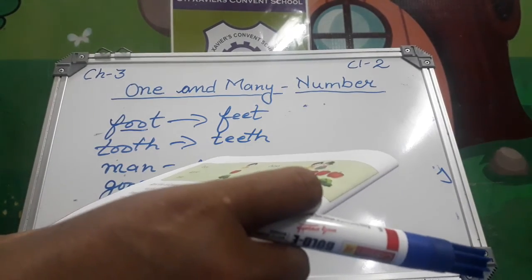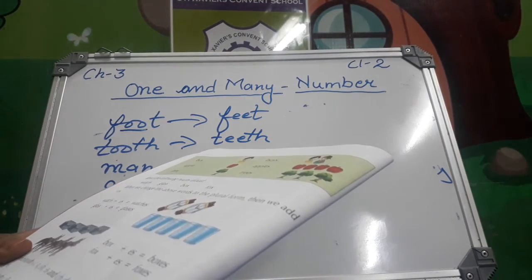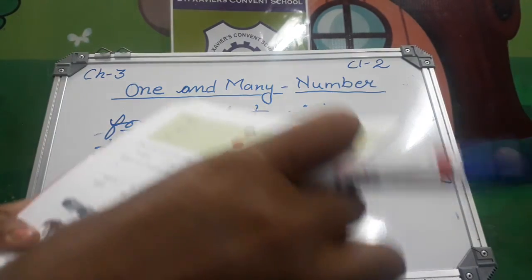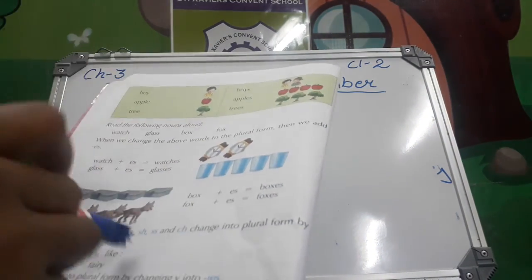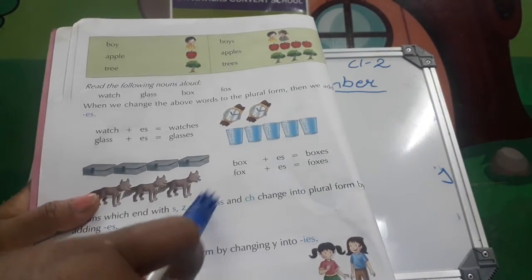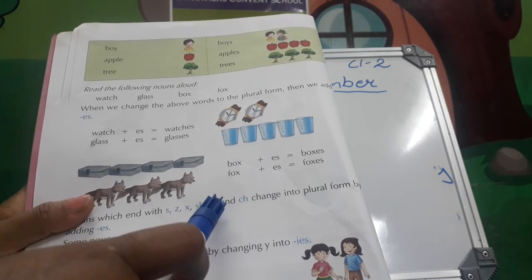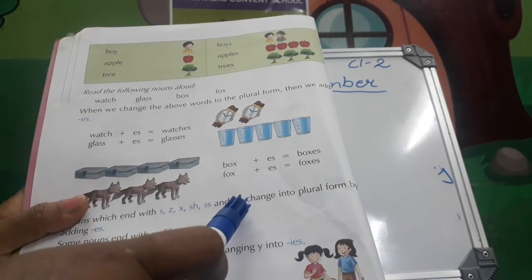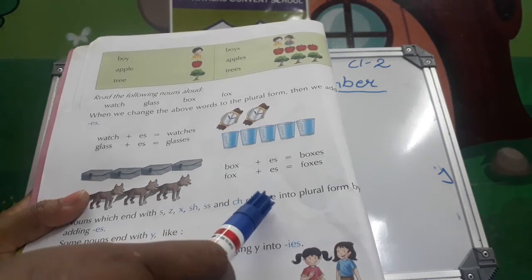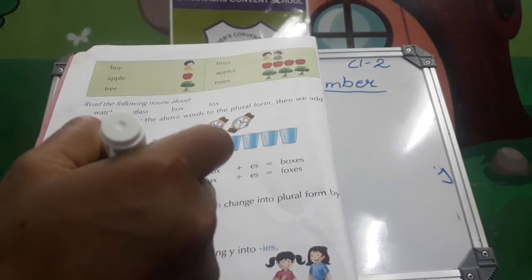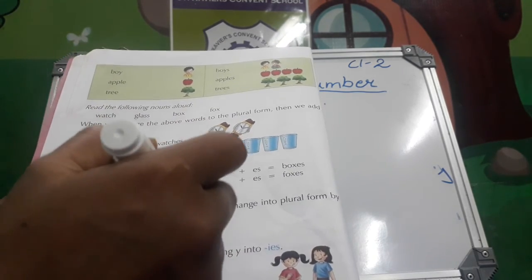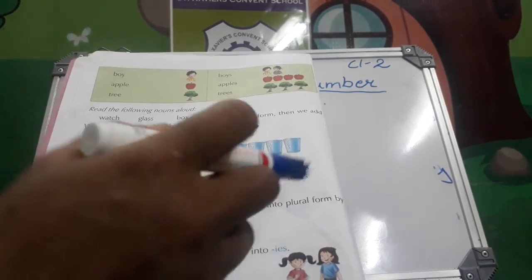But nouns which end with s, x, z, sh, double s and ch change into plural by adding es. We add es in these nouns which end with s, z, x, sh, double s and ch.